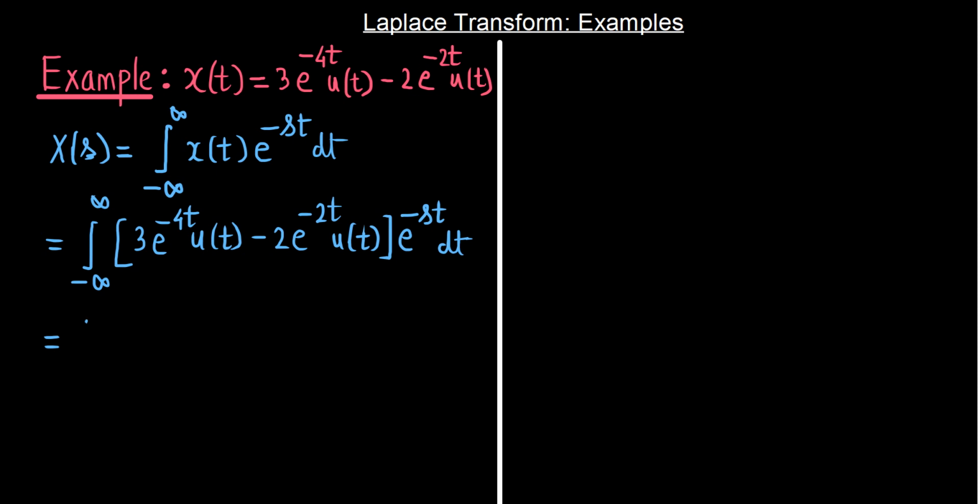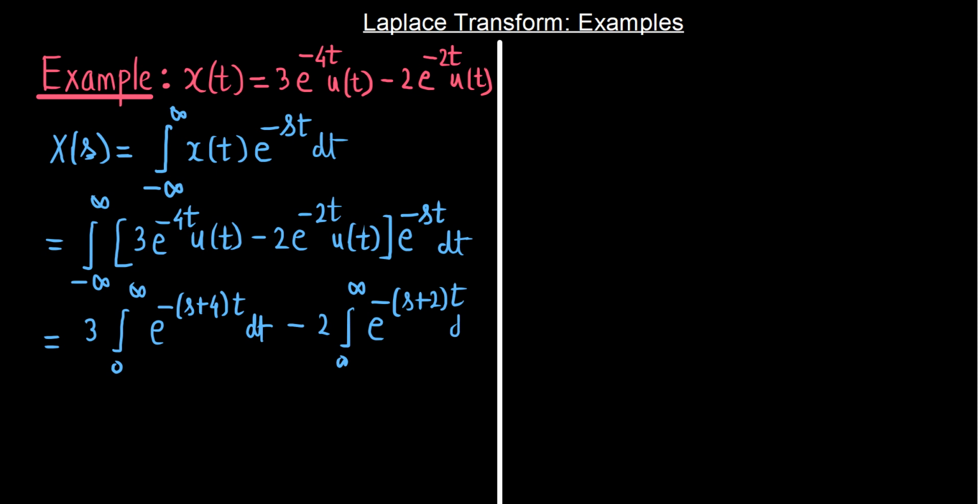It is going to be 3 integral 0 to infinity e power minus (s plus 4)t dt minus 2 integral 0 to infinity e power minus (s plus 2)t dt.